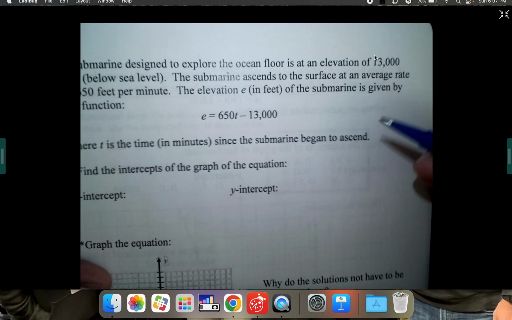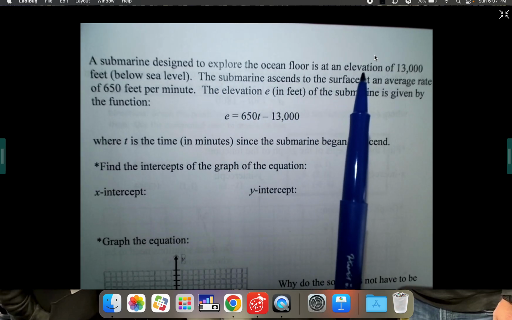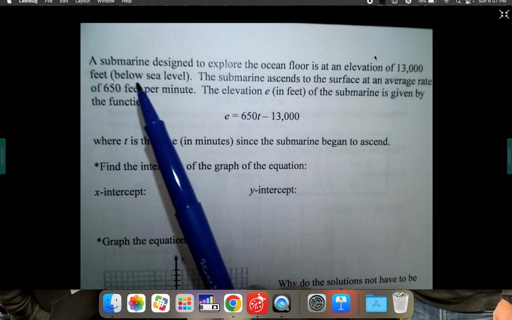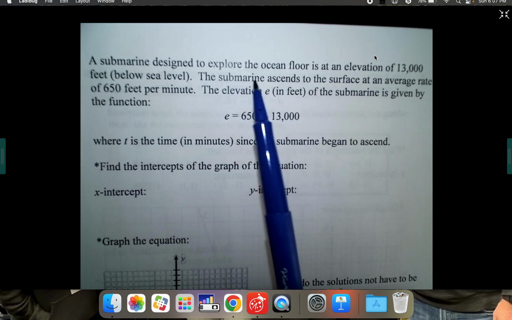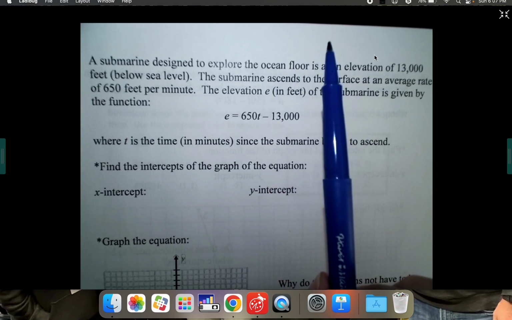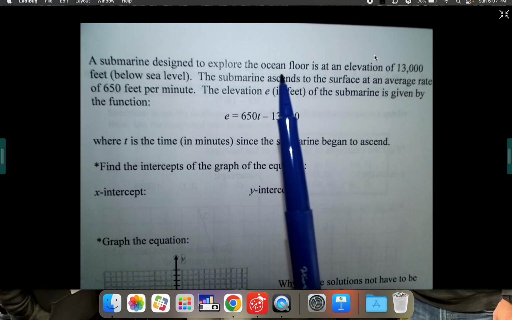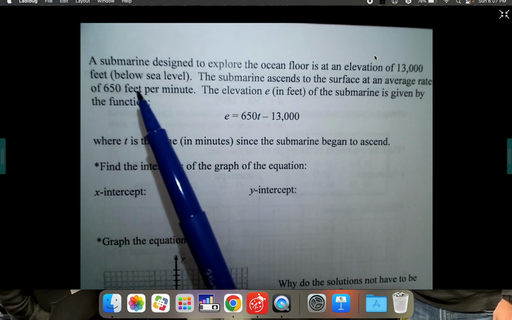So I didn't read the problem. Let me read the problem. A submarine designed to explore the ocean floor is at an elevation of 13,000 feet below sea level, which is why it's minus 13,000. The submarine ascends. Ascends means to go up, descends means to go down. So it's going to ascend to the surface at an average rate of 650 feet per minute.